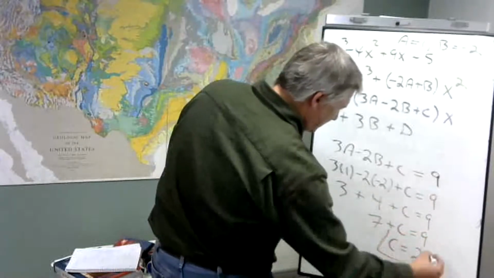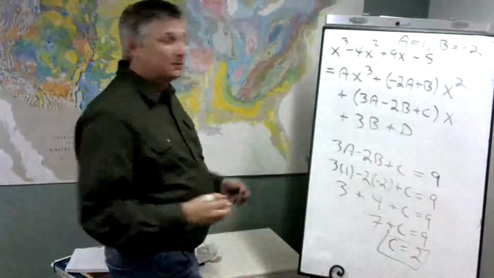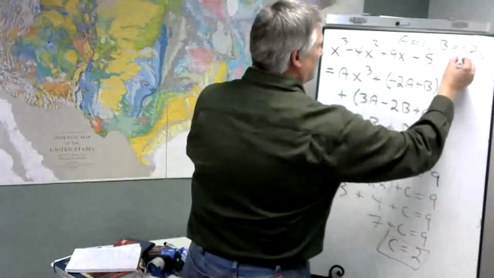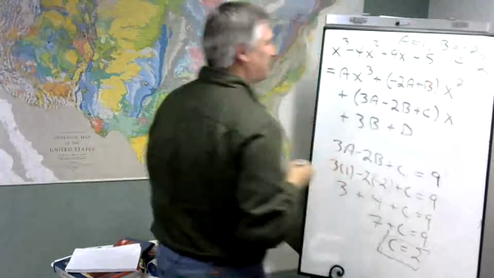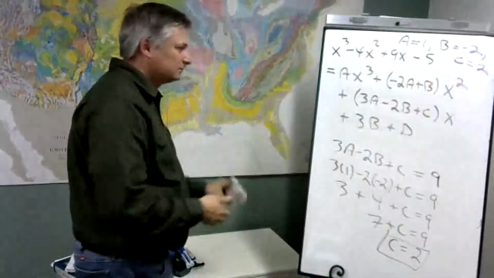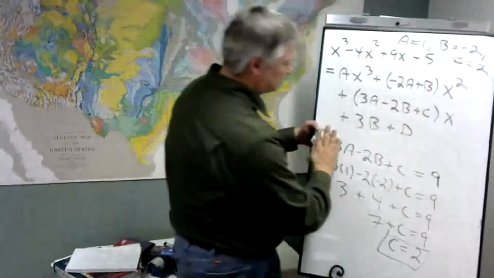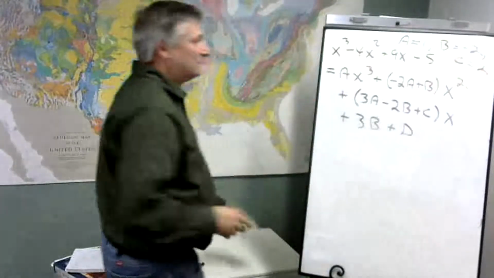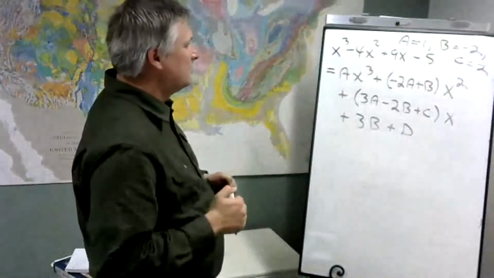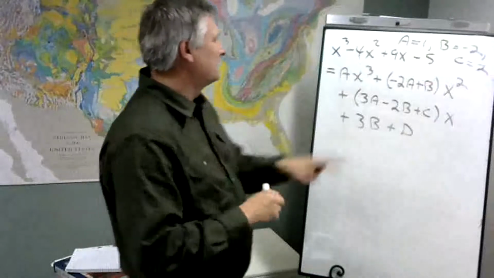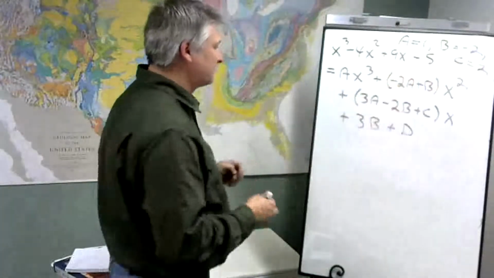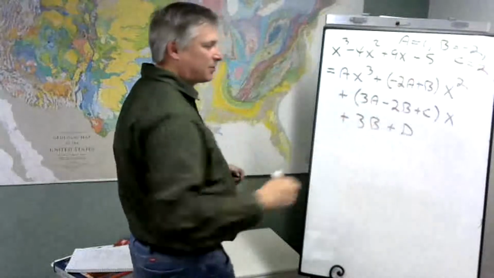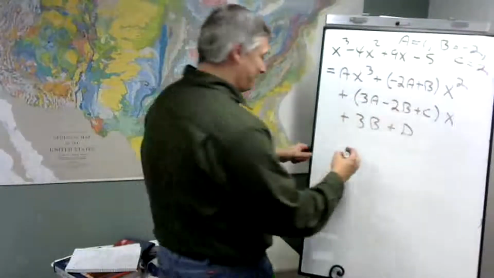And so we find out that c is equal to 2. Lastly, we'll look at the constants. Constant, -5. Constant expression, 3b plus d.